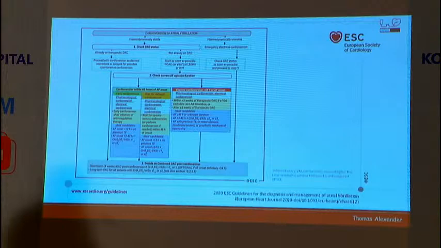A word about cardioversion. If a patient is unstable, clearly you would cardiovert immediately. If a patient is stable and already on oral anticoagulant, then it's safe to do either medical or electrical cardioversion. If the AF is more than 48 hours, then you would need, if possible, to anticoagulate them for 3 weeks before cardioverting them.